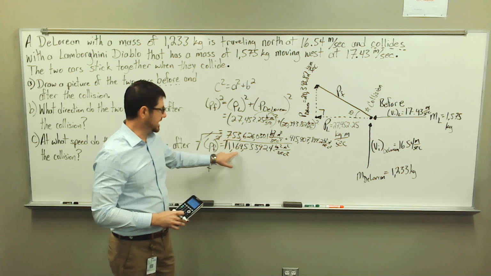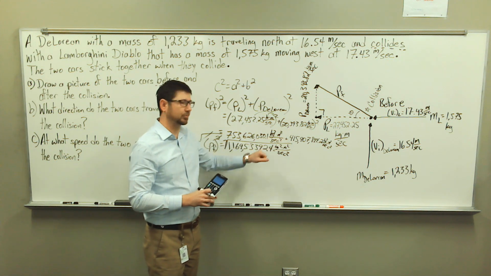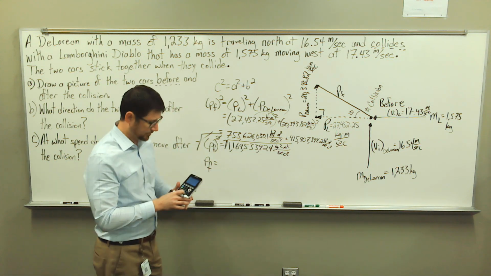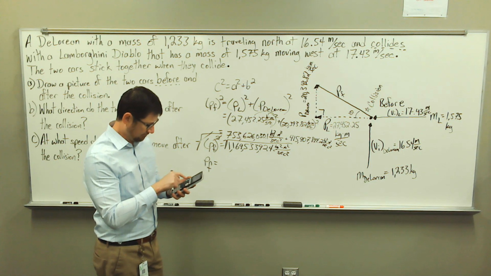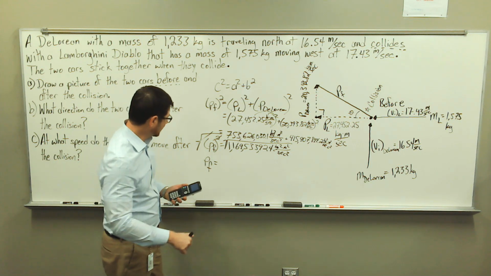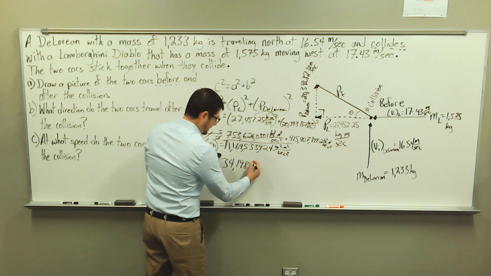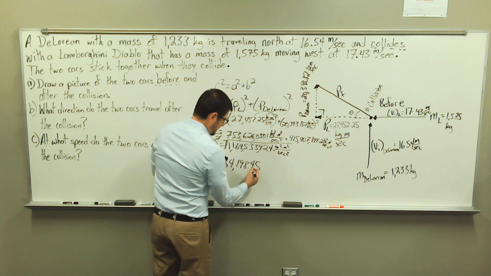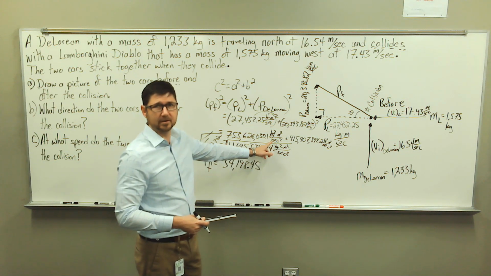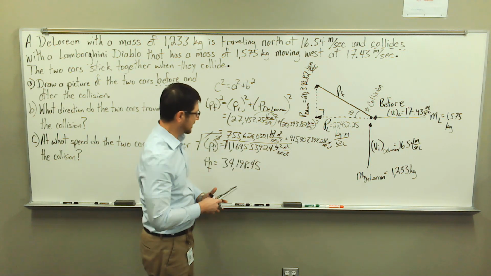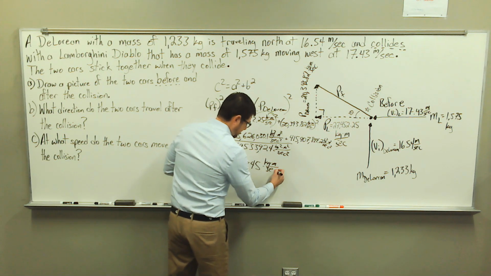Not only are we taking the square root of the numerical value, we are also taking the square root of the unit value. So let's talk about the numerical value first. We're going to get 34,198.45, and then the square root of kilograms squared times meters squared per second squared will be kilogram meter per second.